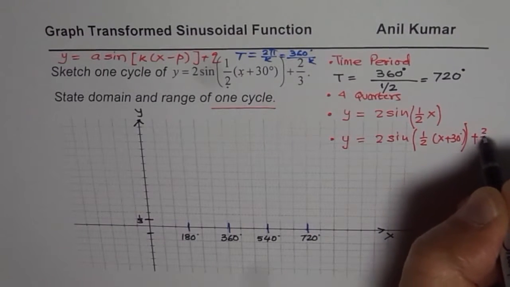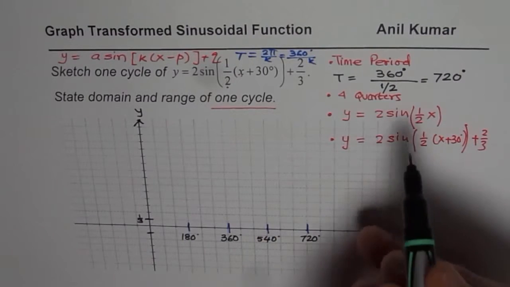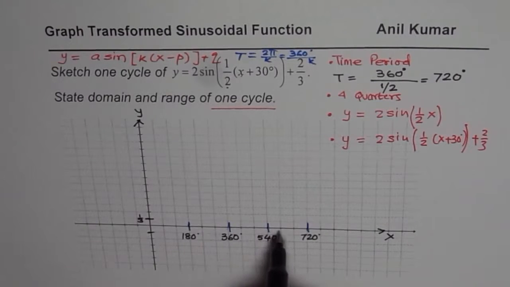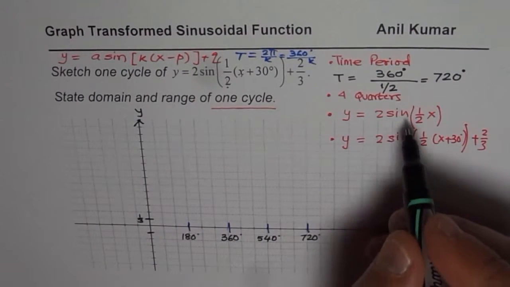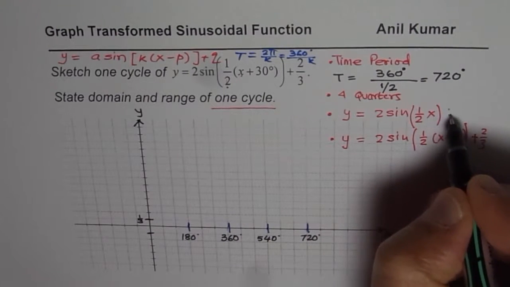2 over 3. So in the first graph, we are going to sketch the graph of 2 times sine half x. We have already considered half x by taking the time period as 720. So half x gives us the time period. We have divided it into 4 equal parts, and now we'll begin by placing the 5 key points.